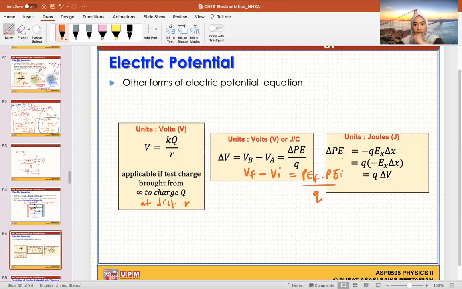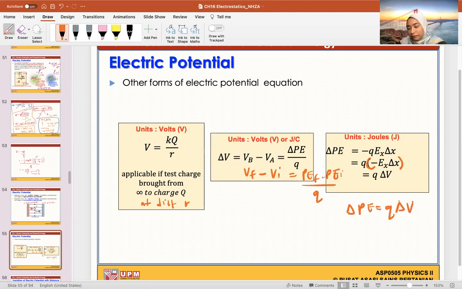Okay, and then delta PE is also equal to minus QEx delta X, minus Ex delta X, the guys that should be in parallel, is equal to delta V. So this is another equation for PE.